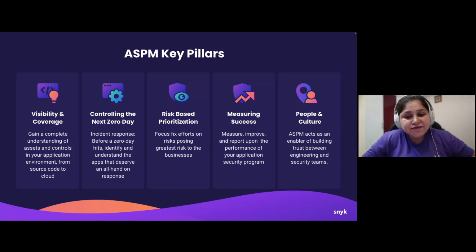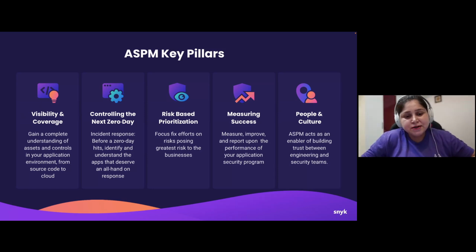You might have 0 day hits, but then how do you identify and understand the application that might deserve a complete response? Third one is risk-based prioritizing. This is to focus the efforts based on the risks, or greater risk to the business.